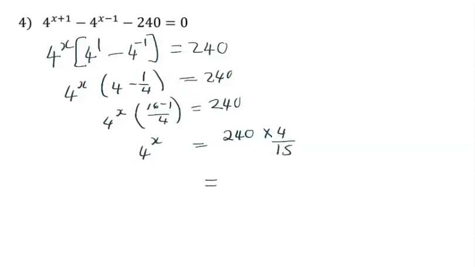I see that 5 goes in here, 3 times 5 goes into 240 sixteen times. We have 16 times 4, that gives us 4 to the 3. So we have 4 to the x equal to 4 to the 3. That means x is simply 3.